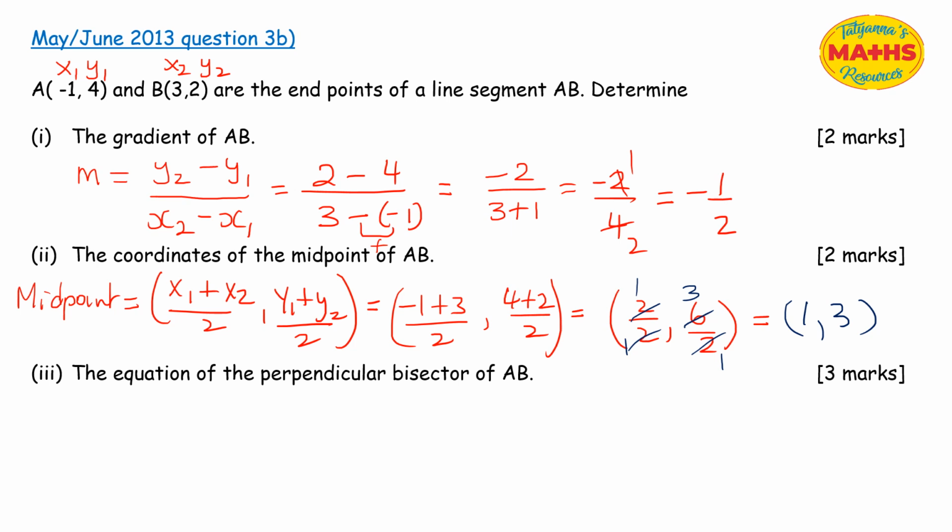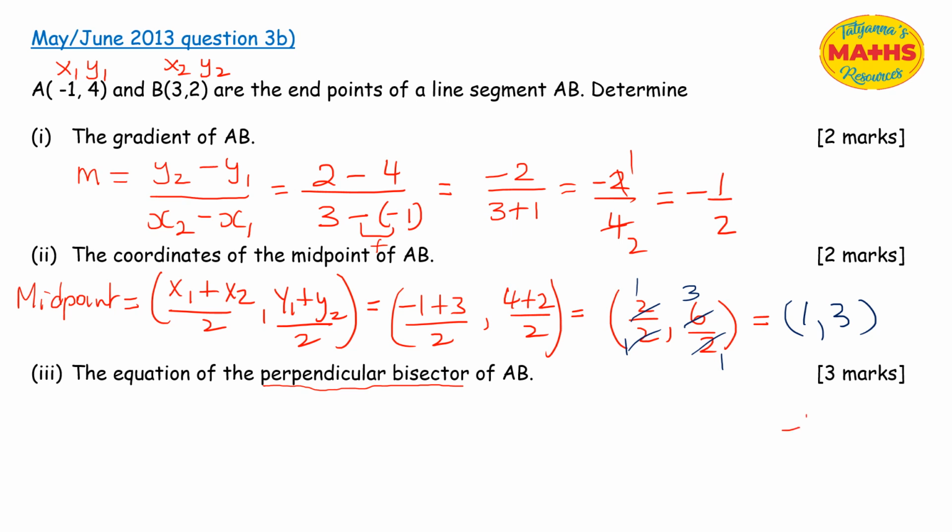Okay. Part 3, the equation of the perpendicular bisector of AB. Now we just worked out that the gradient for AB is -1/2. And the rule for a line being perpendicular is that when you multiply the two gradients, you get -1.